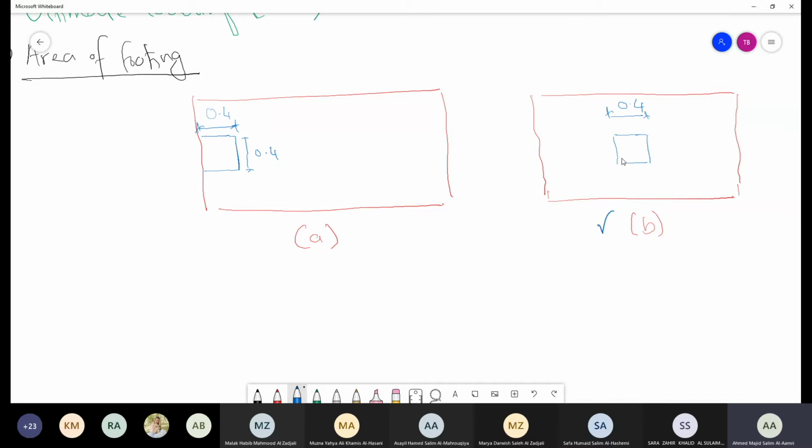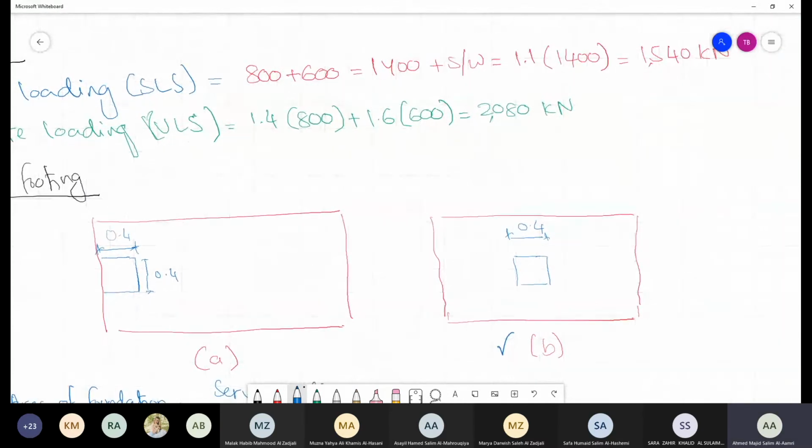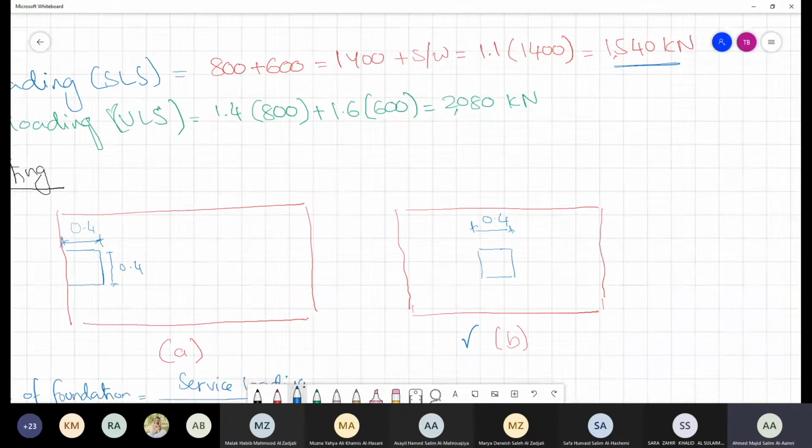Now the area of the footing or foundation can be calculated, if you remember, as the surface loading divided by your safe bearing capacity, in which my surface loading was calculated as 1,540 kilonewton.